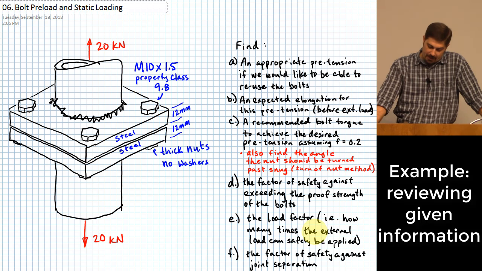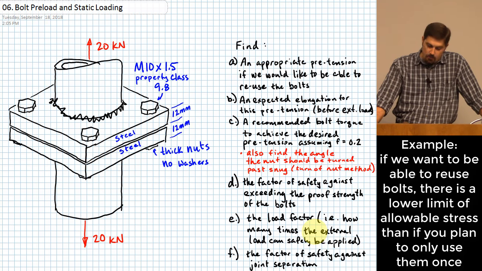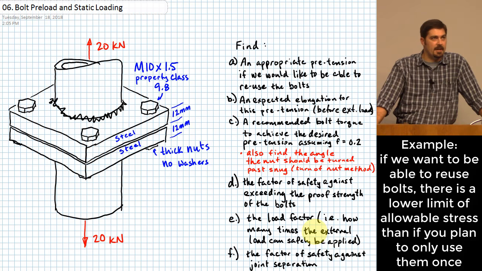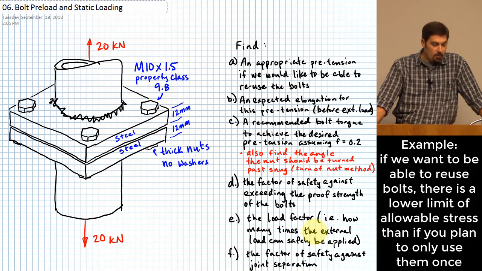What we need to find is an appropriate pretension if we would like to be able to reuse these bolts. Let me camp there for just a second. There are a couple of different ways that we can use bolts like this. One is that we can specify that enough load has been put in the bolt that it's very possible we will start to cause plastic deformation in the bolt.